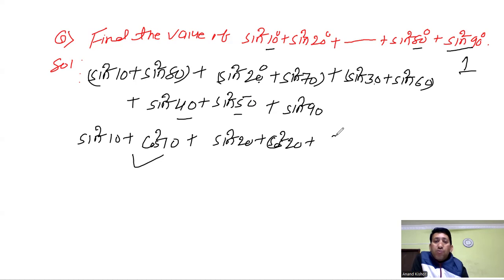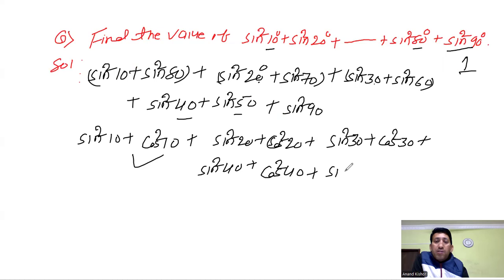Next, sin square 30 plus sin square 60 is equal to cos square 30. And next, sin square 40 plus cos square 40. This already is sin square 90.